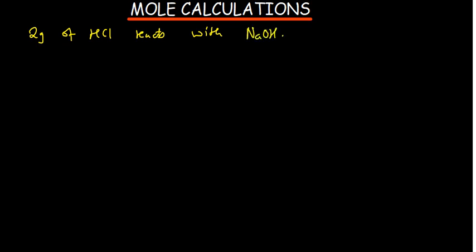So we want to determine how much of salt is formed. How many grams of salt is formed? That's our question. 2 grams of hydrochloric acid reacts with sodium hydroxide. How many grams of salt is formed?